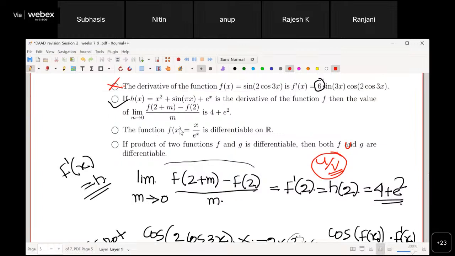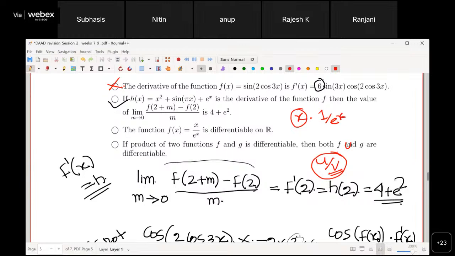Okay, so what about the next option? It's similar to what you just explained. So if both are differentiable, then the combination is differentiable. No, this is a specific example. If I take x and 1 by x, then this is differentiable and this is also differentiable.